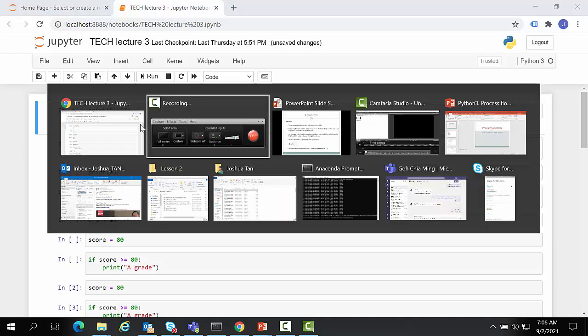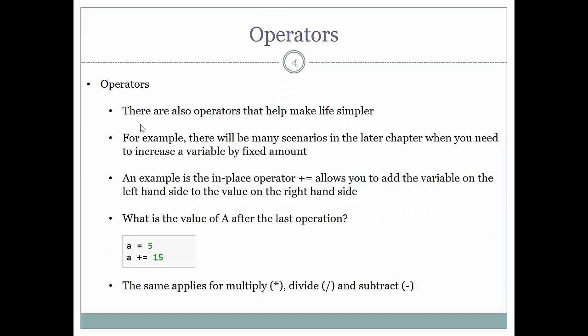Aside from our usual operators, we also have other operators that help to make our life a little simpler. There will be certain scenarios later, for example in the chapter on loops, where we need to increase a variable by a fixed amount. That is where what we call the in-place operator comes in handy.